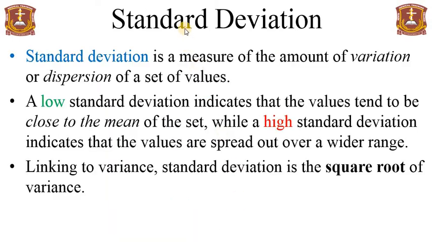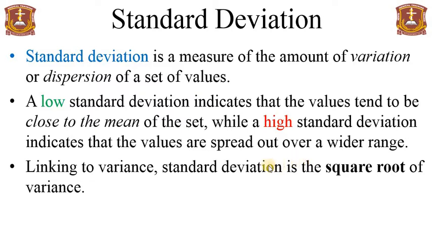Now, going to standard deviation, we're talking about a measure of the amount of variation or dispersion of a set of values. A low standard deviation indicates that the values tend to be close to the mean of the set, while a high standard deviation indicates that the values are spread out over a wide range.